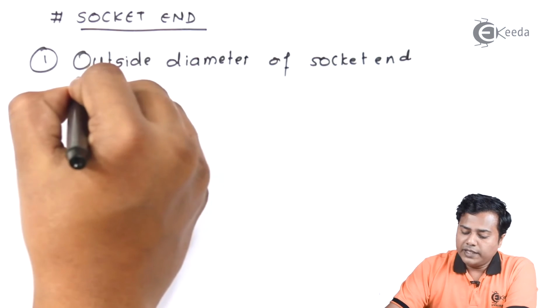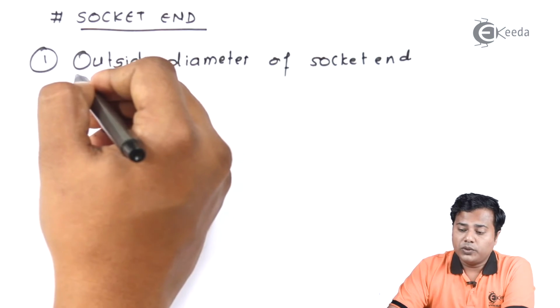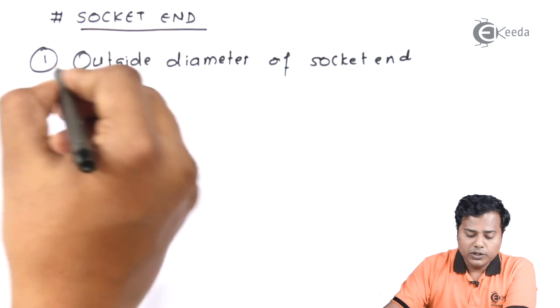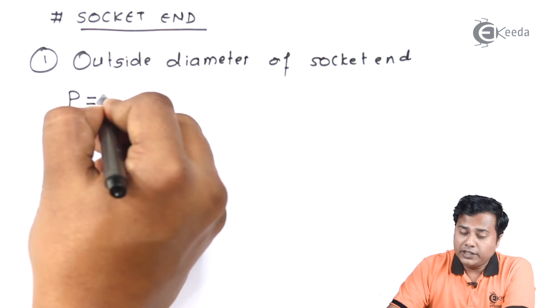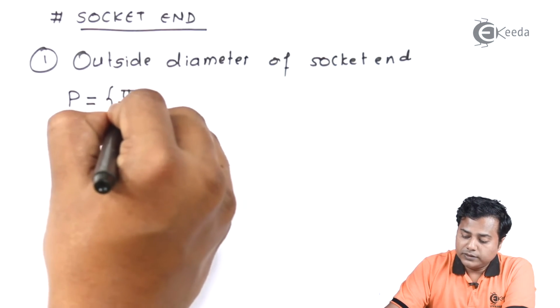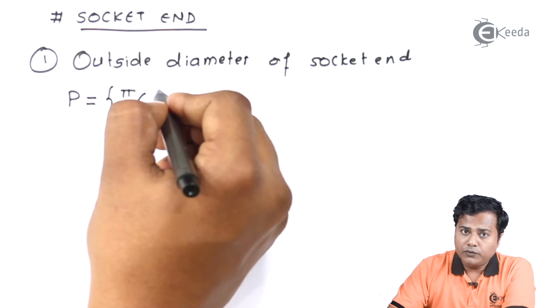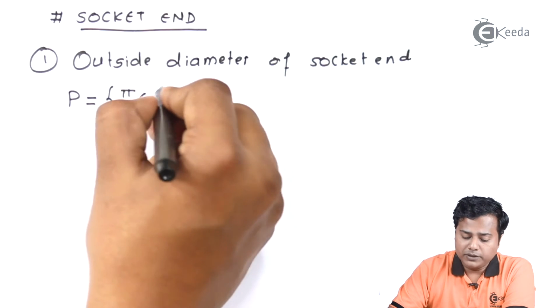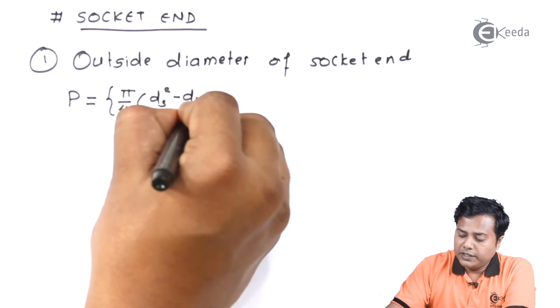For outside diameter, the failure is going to be because of the axial load. So P, the acting load, the axial load is equal to the area, considering the outer diameter, d3 square minus d1 square.